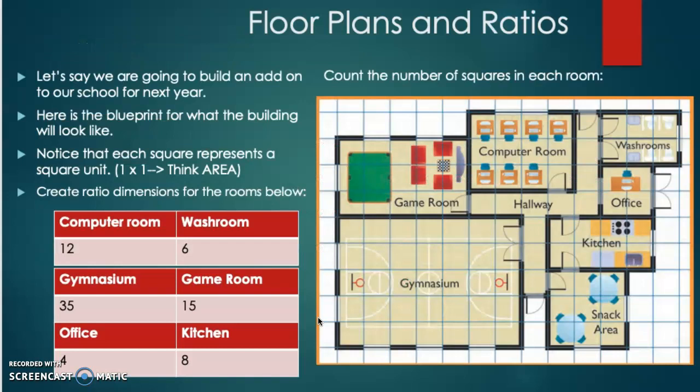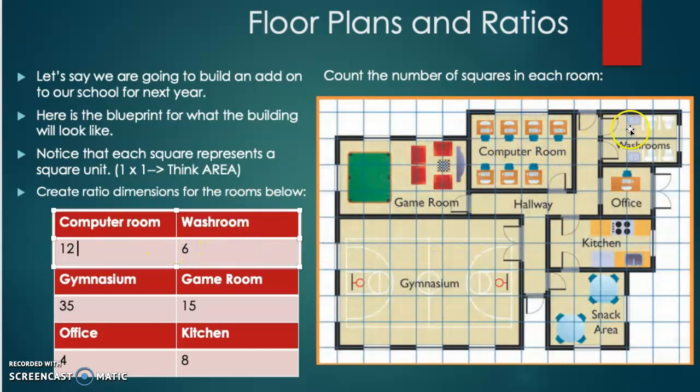Last one. What ratios are really useful for is establishing floor plans. This is a hypothetical question. Let's say we're going to build an addition onto our school for next year. Here is a blueprint of what we're thinking about. It's not actually ours, this is from the textbook. Each square represents a square unit, 1 by 1. We created ratio dimensions for the rooms below. In the computer room, we counted 12 squares.